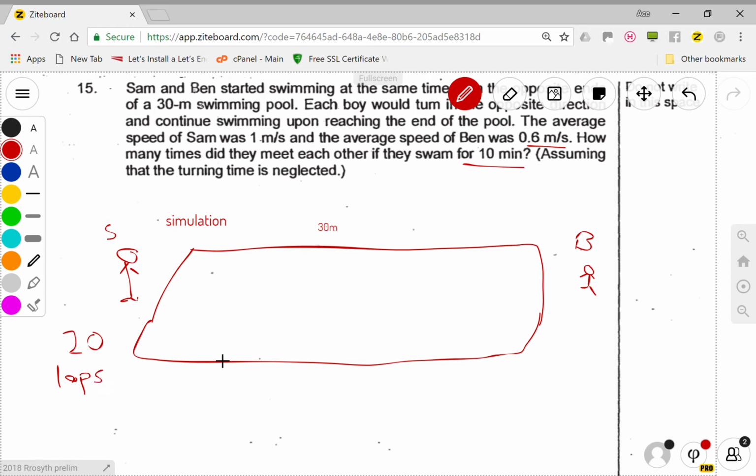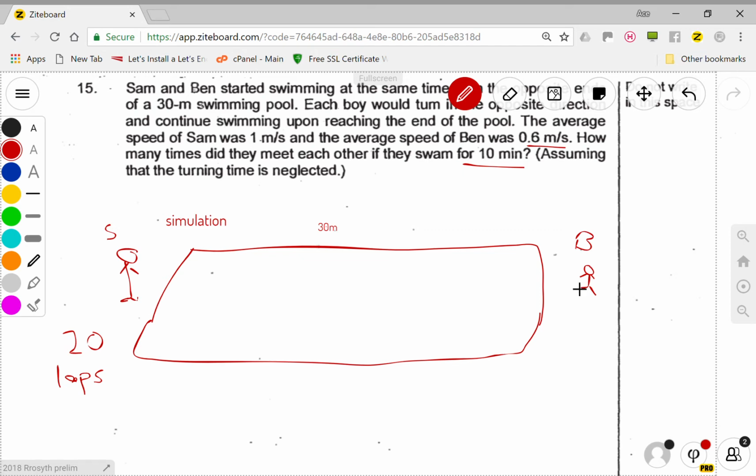Okay, how about Ben? In 10 minutes, how many laps? Let's say they are not knocking into each other. It'd be funny if they knock into each other, then the question will be more complicated. How many laps will Ben swim?